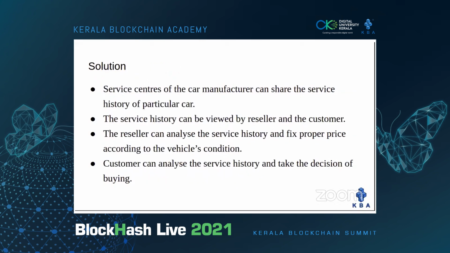So the solution is like this. Service centers of car manufacturers can share the service history of a particular car. If they can share the servicing history, then we can analyze what things were done, what is the frequency at which the car got serviced, and any record of accidents, everything can be analyzed in a single view, right?